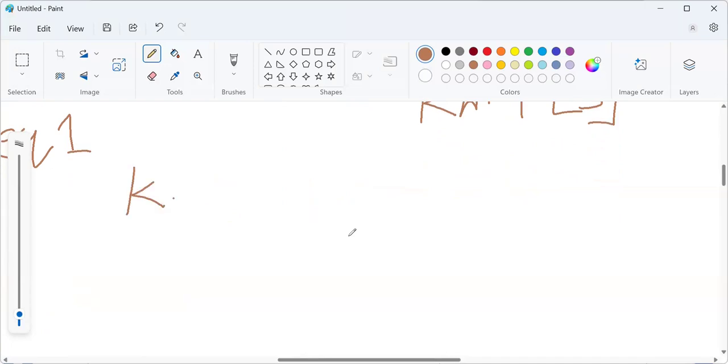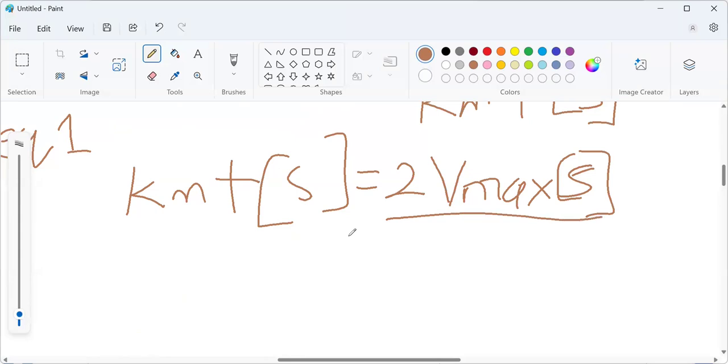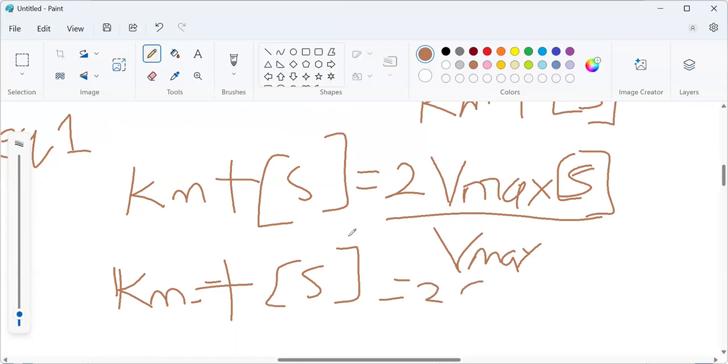Then we have Km plus S equals 2S, because obviously the Vmax cancels out.